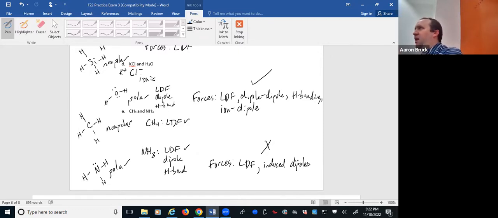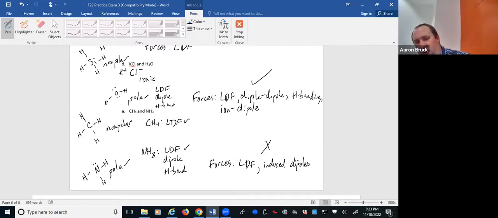The dipole can force a little bit of separation inside of the non-polar object, maybe cause it to bend a little bit. We talked about that in particular with oxygen and how water can bend oxygen slightly enough to get it to dissolve. But that is a marginal kind of thing.